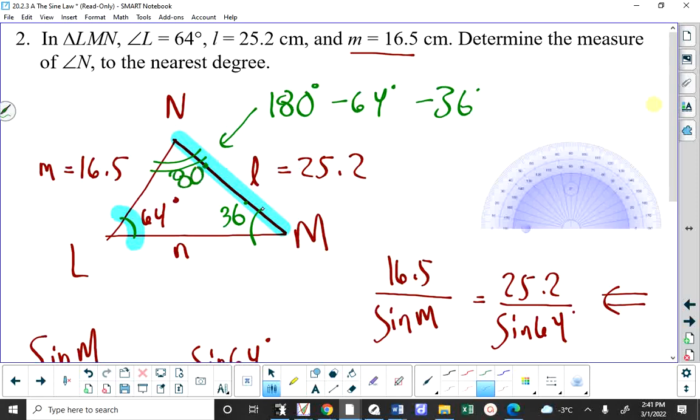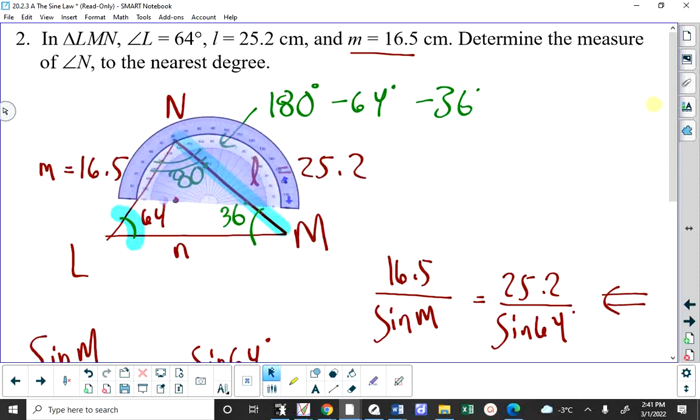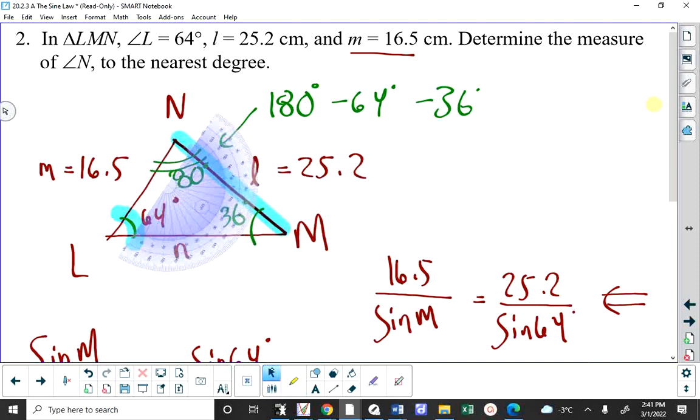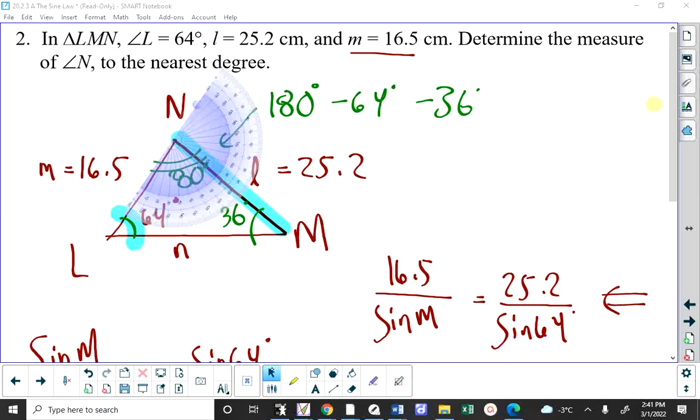And now I'm just curious, if I measure that angle, what kind of angle do I have here? About 83 degrees, 84 degrees. It doesn't really matter, but I find that students are better able to learn if they're looking at something that's reasonably well drawn. Any questions with number 2?